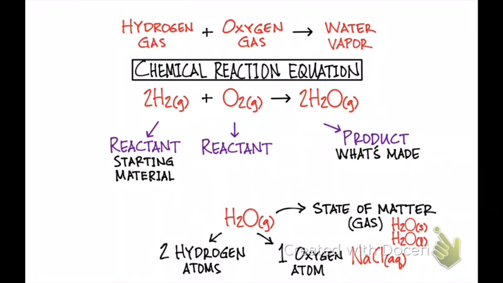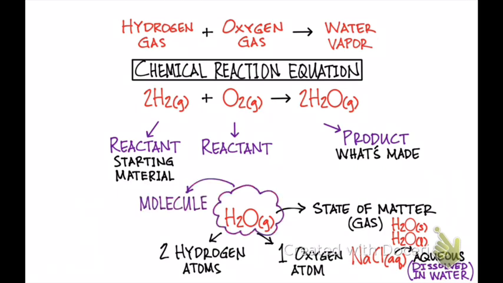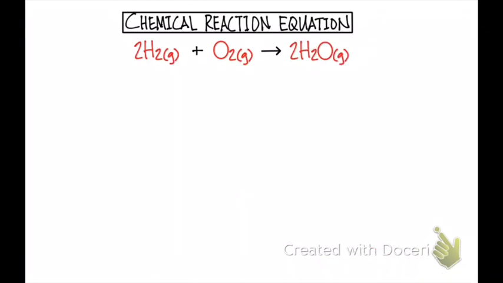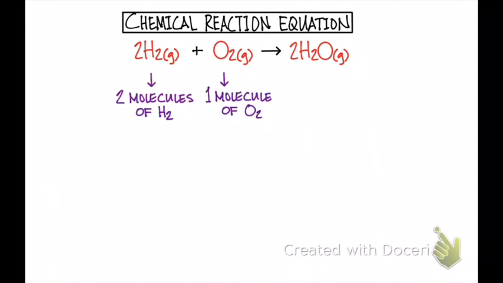Another symbol here is aq. This indicates that the compound was dissolved in water and not in solid form. Here in this reaction, you can see that there are two molecules of H2, one molecule of O2, and two molecules of H2O.